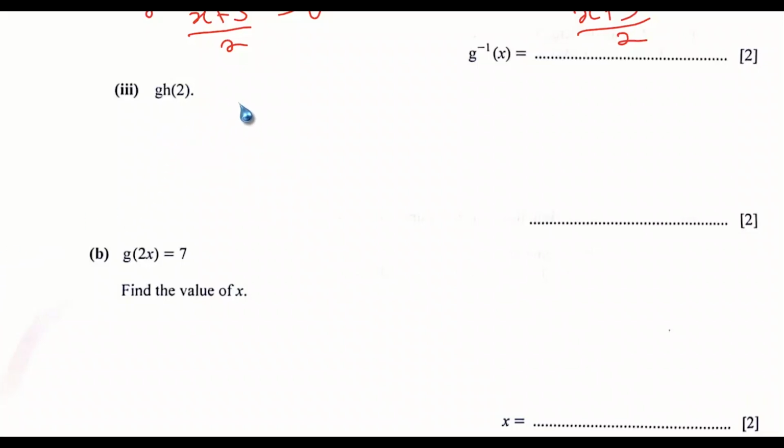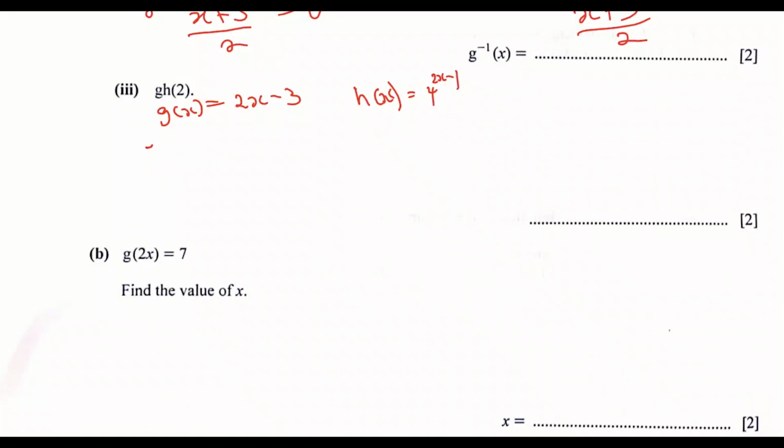Okay, so we already know that g of x equals 2x minus 3, and then h of x is giving us 4 to the power of 2x minus 1.